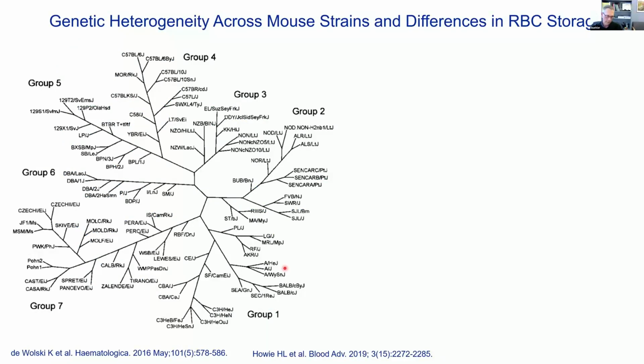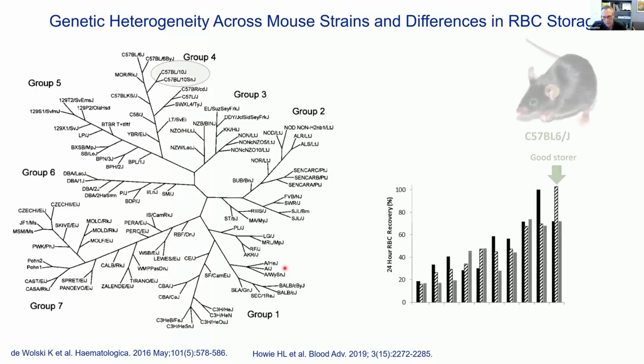And we can then begin to take some of the things we see with, for example, the genetics and the exposure factors in donors, and start modeling those in other systems such as mice. One way to do this, obviously, is to look at the post-transfusion recovery, which I think is a bit rudimentary, and we'll talk about going into methods to measure oxygen. But for example, here, B6 mice actually store very well.